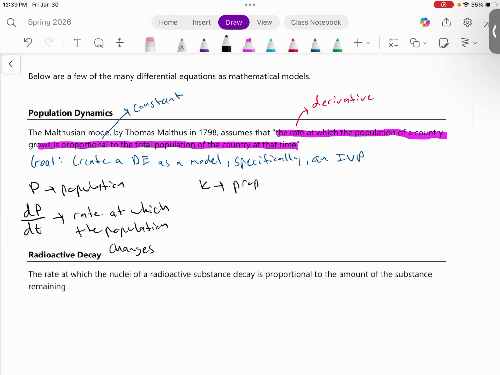So we'll say k is a proportionality constant. Then, proportional to the total population of the country at that time. At that time means to me an initial condition.